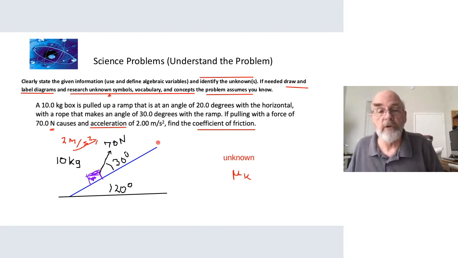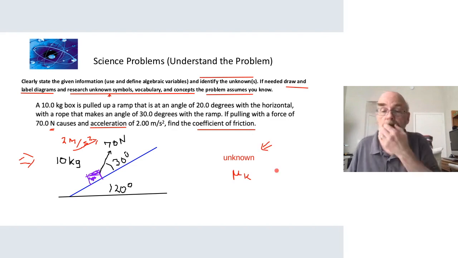The diagram is going to be super helpful in coming up with a plan. Remember, that's why I did the diagram. It puts relevant information right at my fingertips. And then, of course, also a very important feature is to identify clearly the unknown. And I should write that out in words like I said.